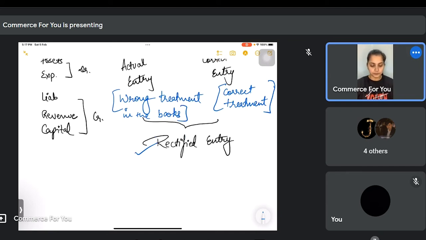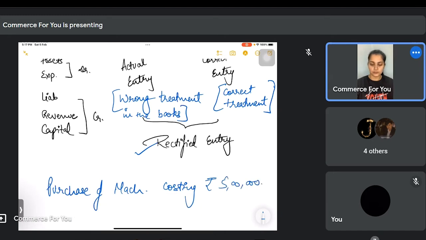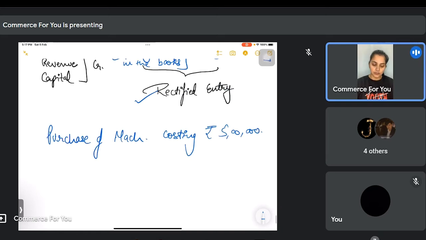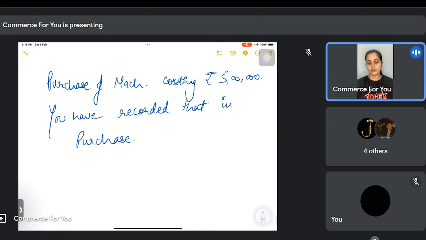Let's say there was a transaction related to the purchase of machinery costing rupees 5 lakh. However, you have recorded that in the purchase account. So how do we compare this?